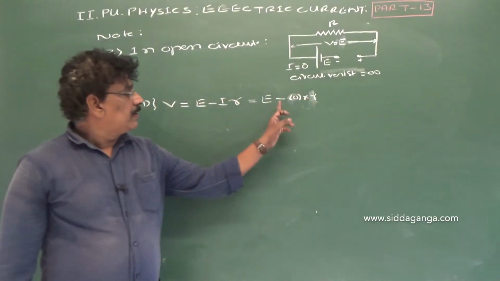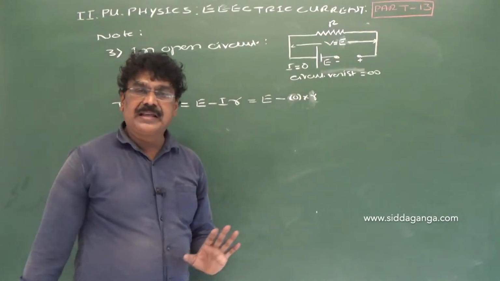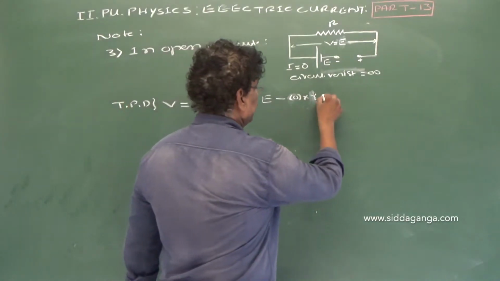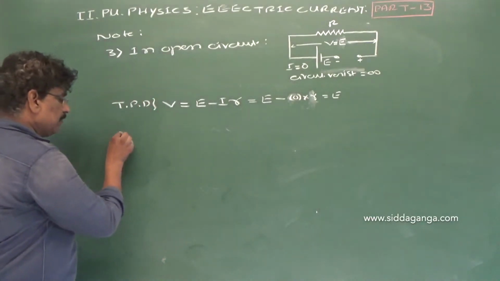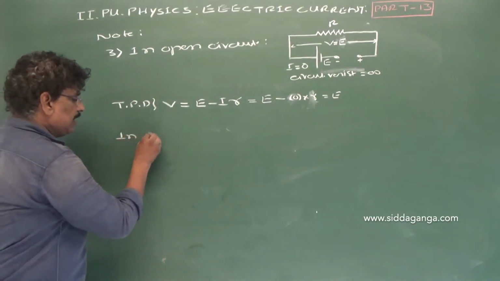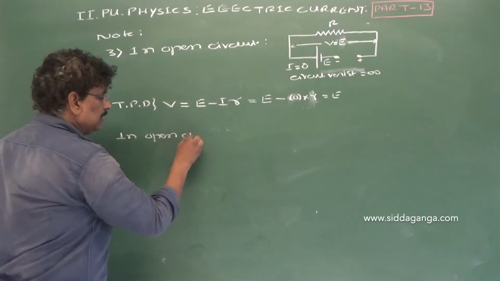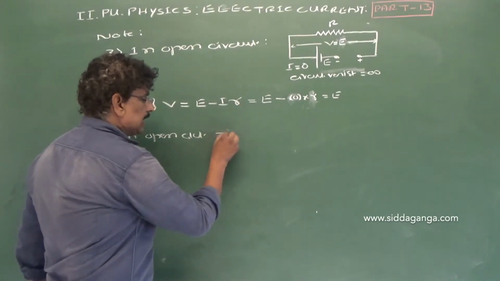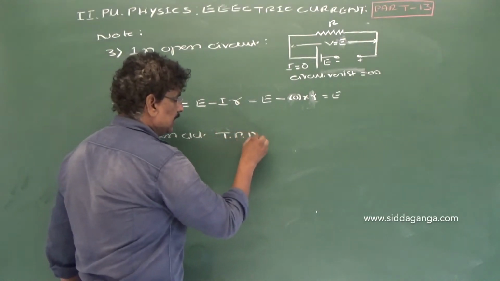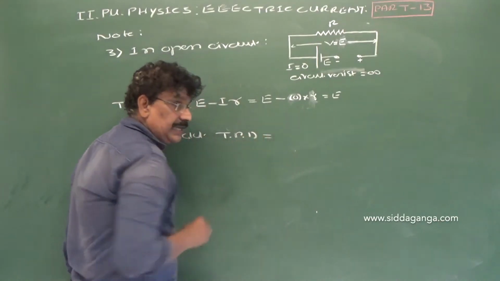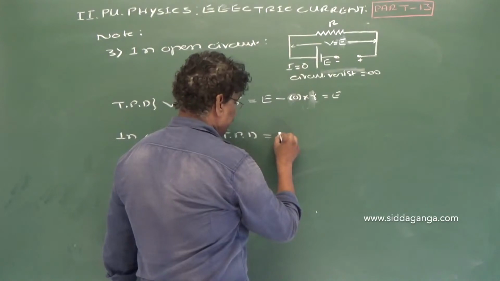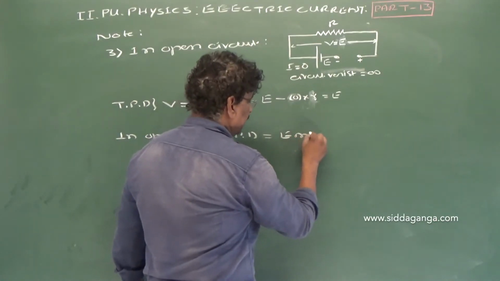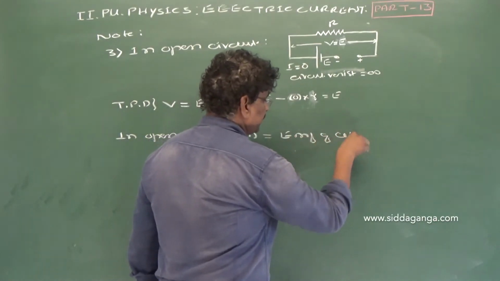So 0 into small r is 0, that is equal to E. So we can come to the conclusion that in open circuit, terminal potential difference is equal to the EMF of the cell.